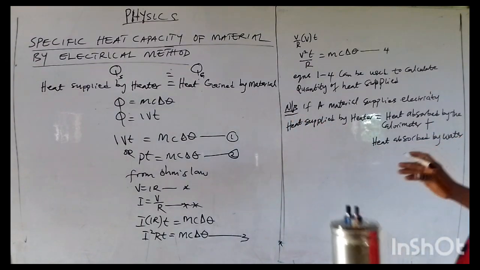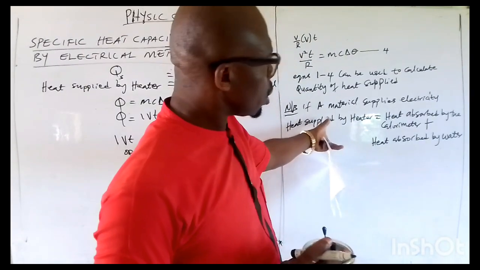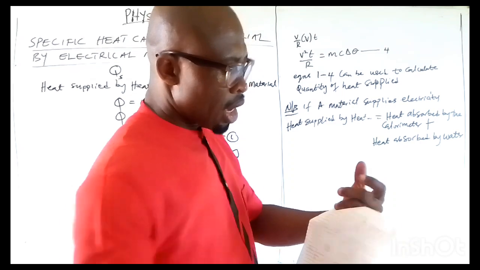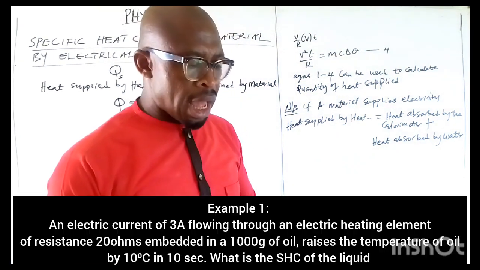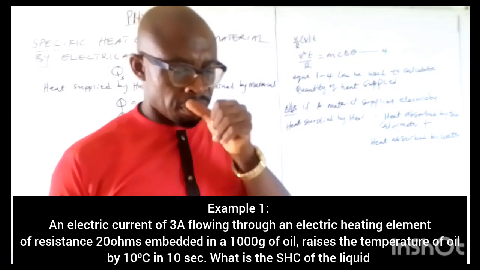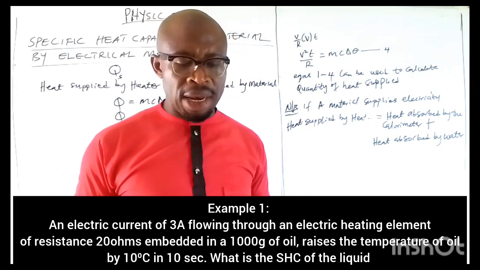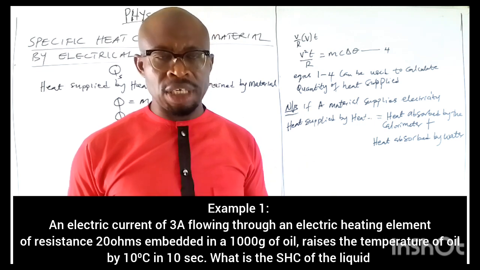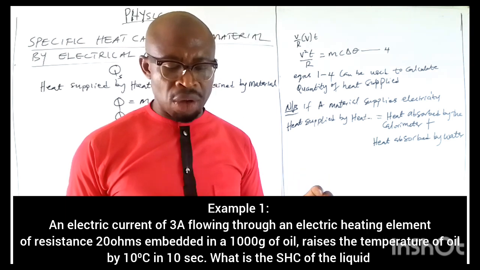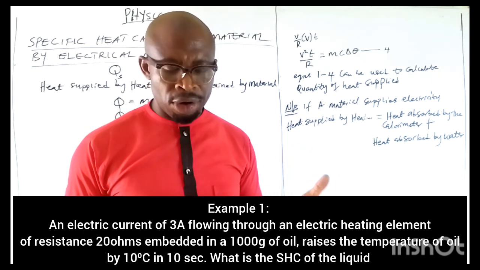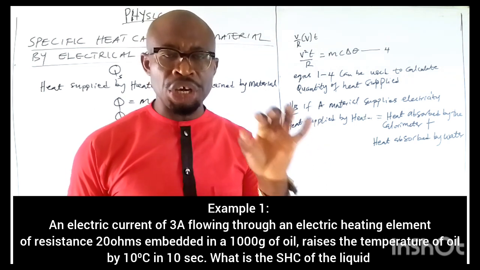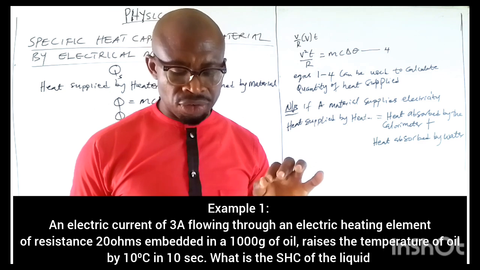We are going to see some of the questions involving this. Now let us take the first one. The first question says, an electric current of 3 ampere flowing through an electric heating element of resistance 20 ohms embedded in 1000 grams of an oil raises the temperature of oil by 10 degrees Celsius in 10 seconds.